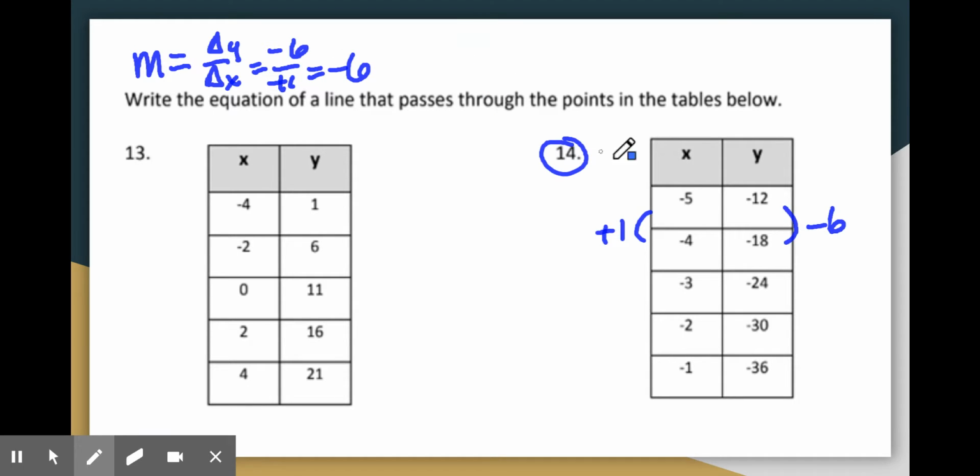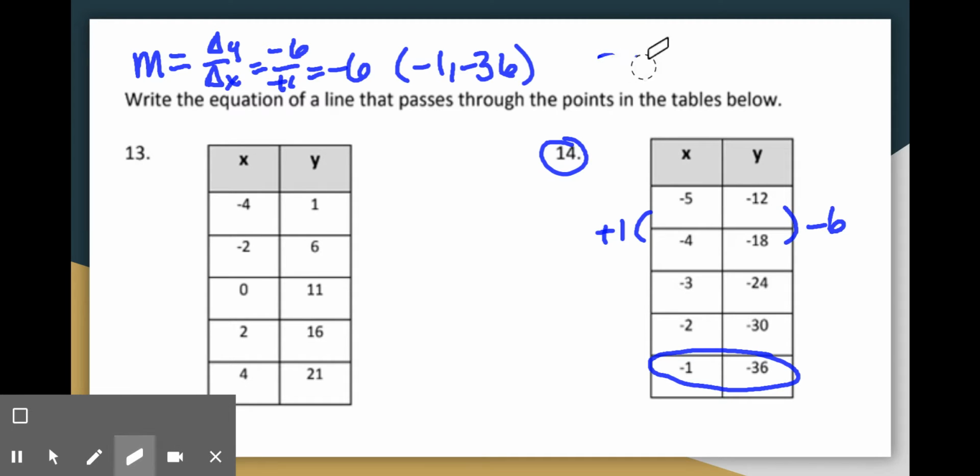And then I need to pick a point. I can pick any one of these. All of them are okay. I'm going to pick, I guess, this one down the bottom here. Doesn't matter. You pick any one you want. So (-1, -36). So here's my line in point-slope form.